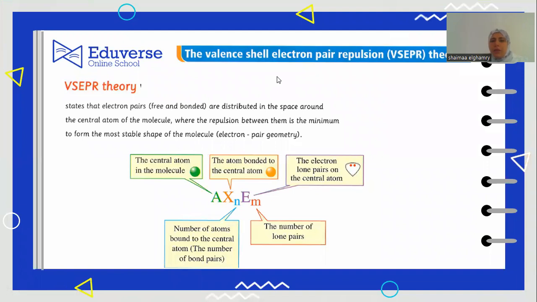In VSEPR theory, we will need this abbreviation or this formula to express any molecule. A represents the central atom, X represents the atoms bonded with the central atom, and n represents the number of atoms, and E represents the lone pairs of electrons, m represents the number of lone pairs of electrons.